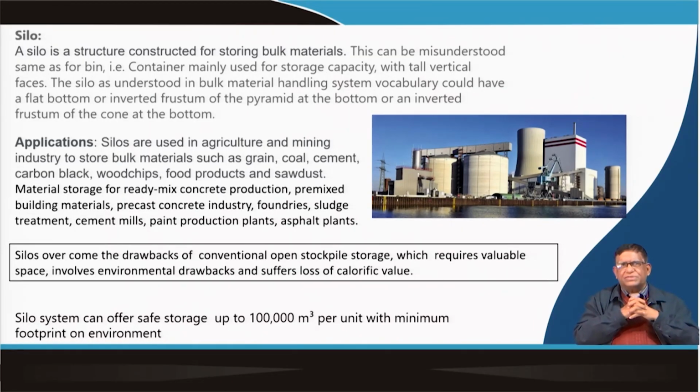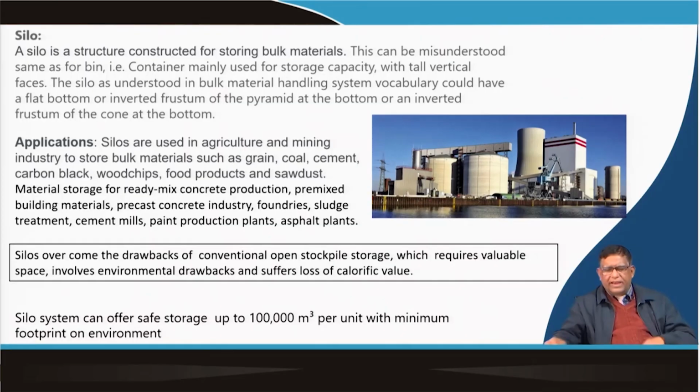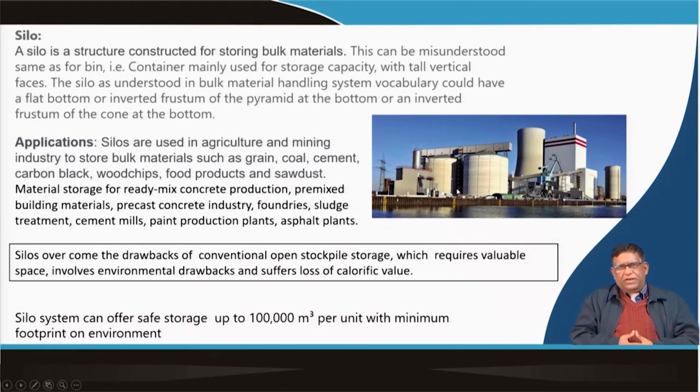You have also seen oil tanks and all, that is a different type of silo for liquid storage. Here in this diagram you can see a thermal power station where coal is stored in these two big silos, and the capacity can sometimes go even to 10,000, 30,000, even 100,000 cubic meters of material.